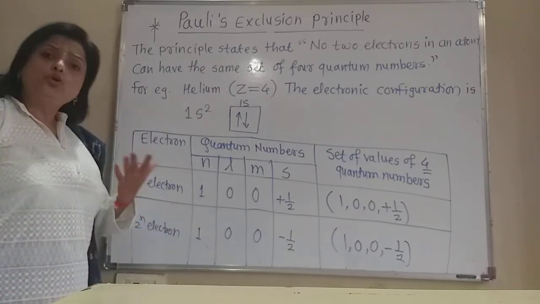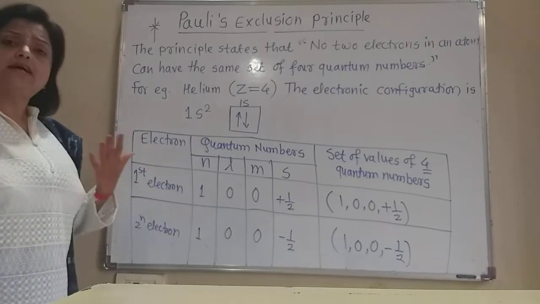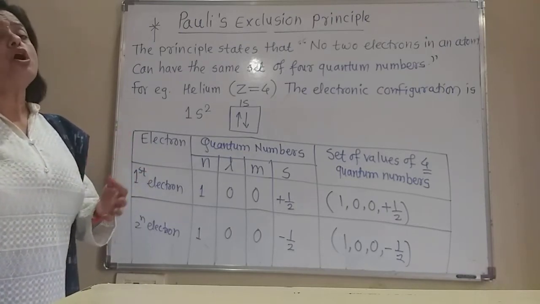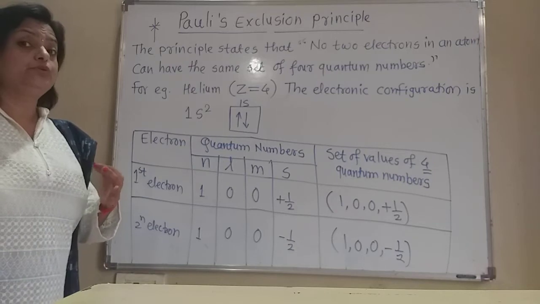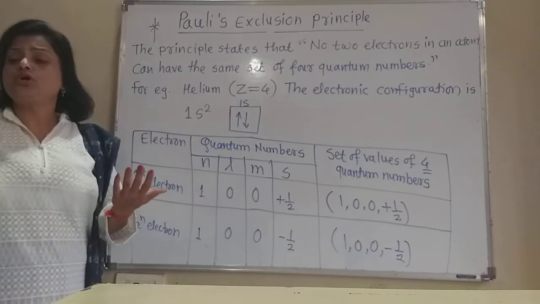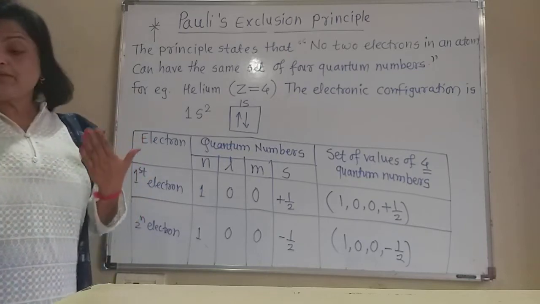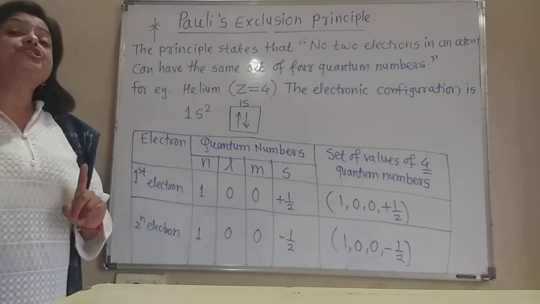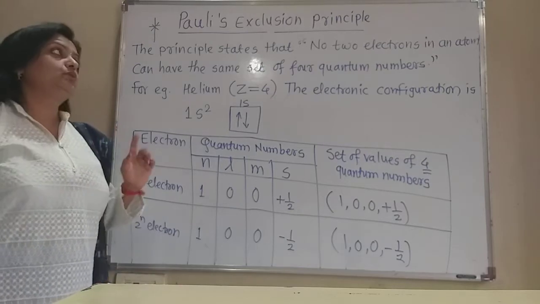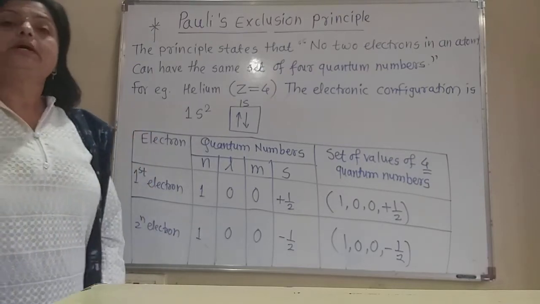This shows that no 2 electrons in an atom can have all 4 quantum number values the same. In other words, only 2 electrons can occupy the same orbital, but they must have opposite spin. This is Pauli's exclusion principle.